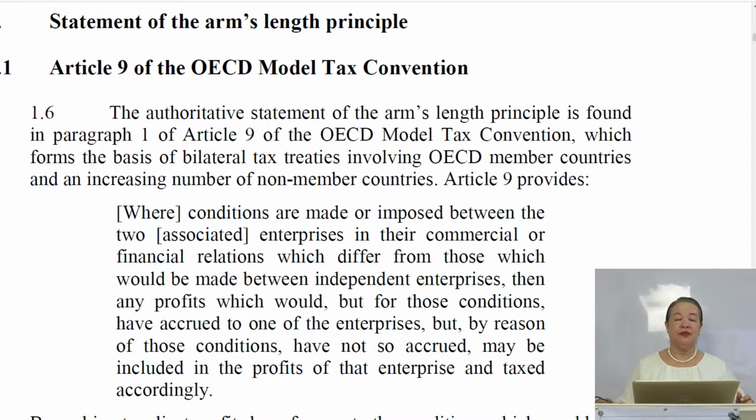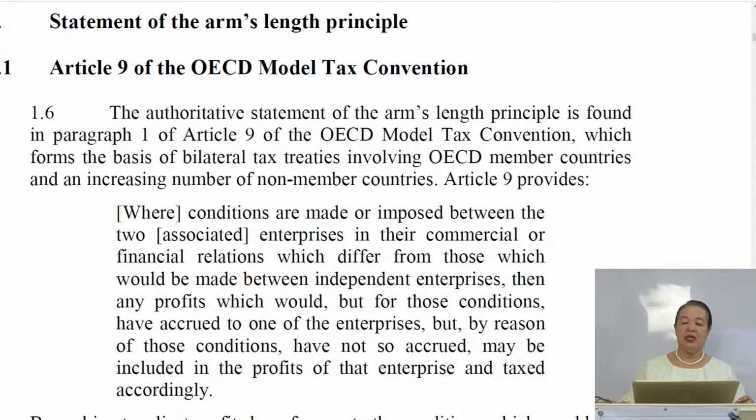If the financial and commercial transactions are between related parties, is it arm's length? And the problem lies in what is arm's length. Because if you want to discover what an arm's length transaction is, then you must compare.